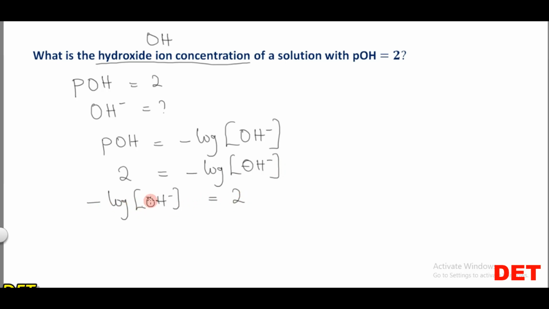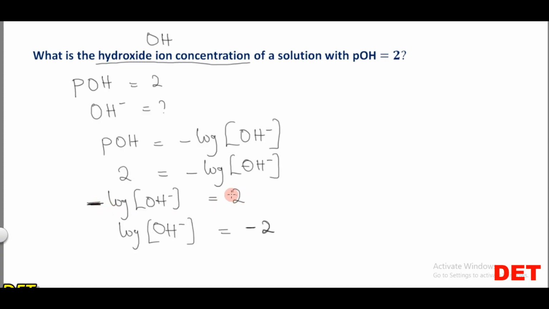The next thing I'm going to do is remove this negative sign from this logarithm. So my logarithm to base 10 of the hydroxide ion concentration will be equal to minus 2. To remove this minus sign, I have to divide both sides of the equation by the minus sign.